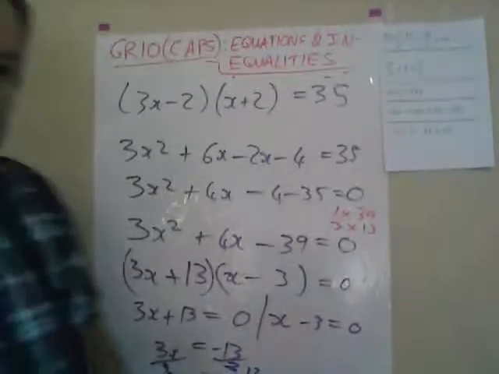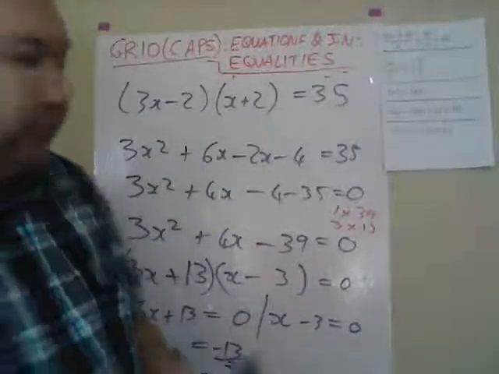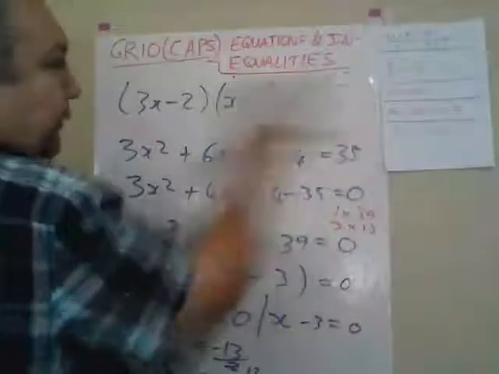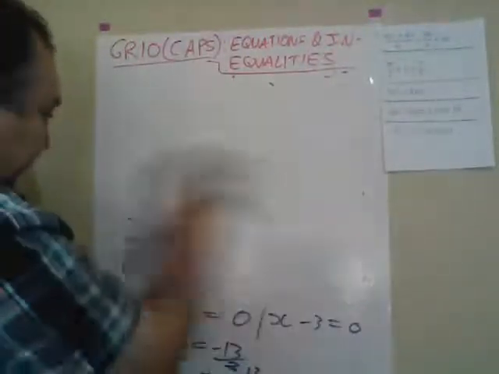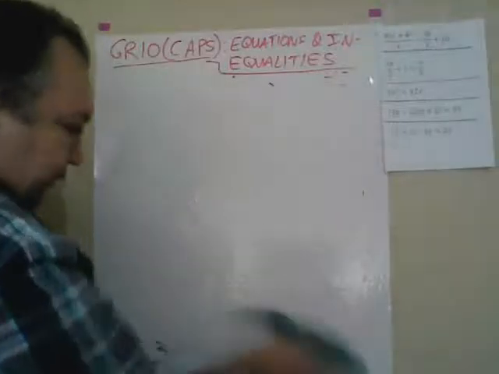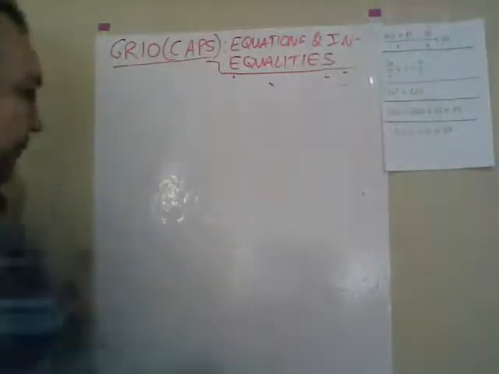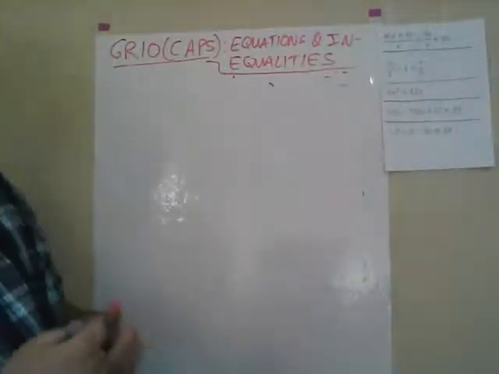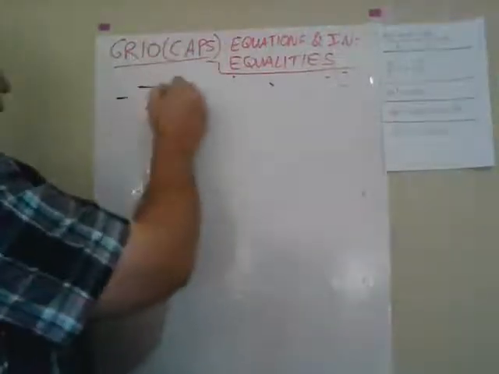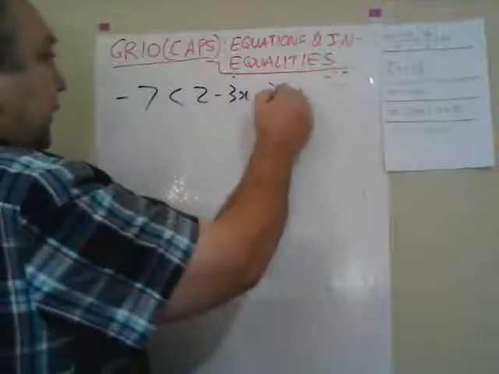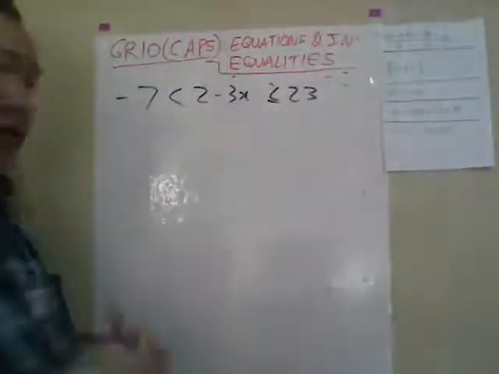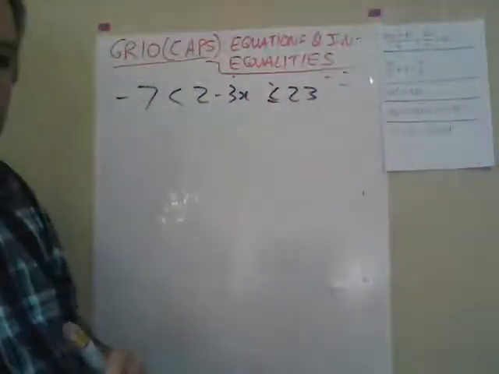Now we're going to go to the last inequality, which is a bit more difficult than the previous one, but if you do it step by step, it's still very doable and not too difficult. In this minus 7 less than 2 minus 3x less than or equal to 23, there are basically two things that can catch you out.